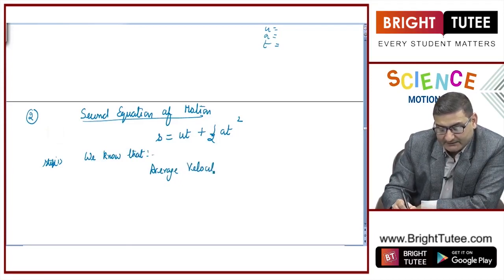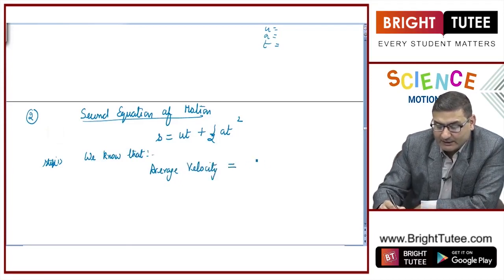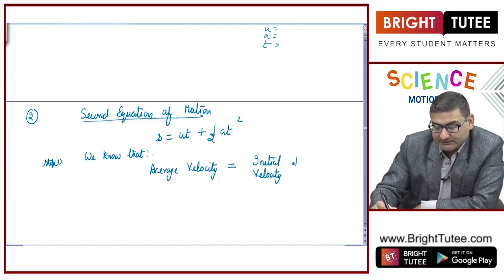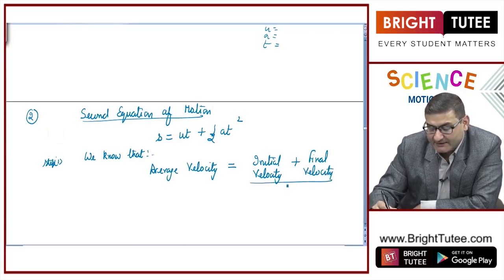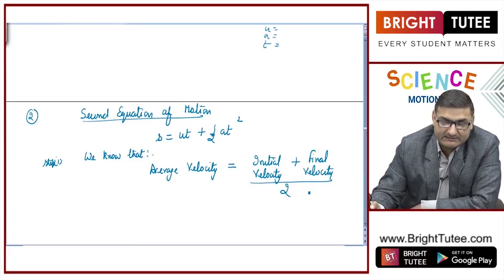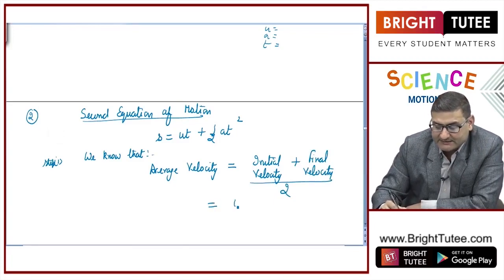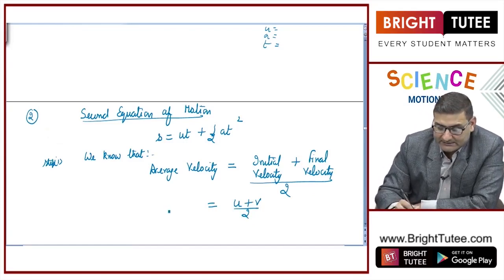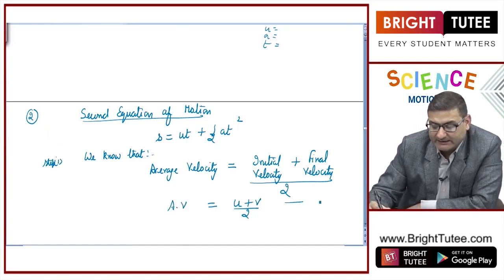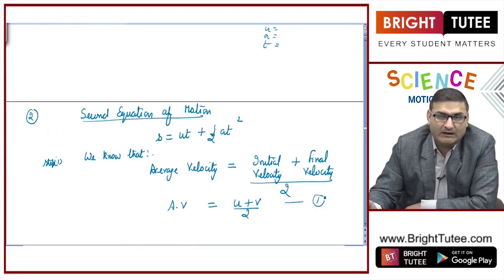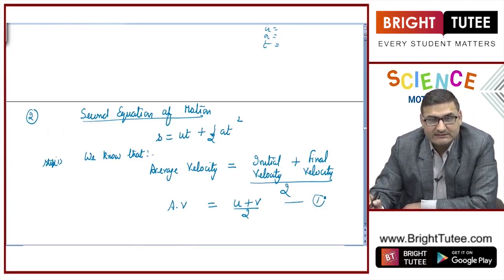We have studied that average velocity is equal to initial velocity plus final velocity divided by 2, that is the average mean of both the velocities, or I can also represent it as u plus v divided by 2. This is my average velocity. Let us name it as equation number 1. We will use it later, okay. So this is the first step.